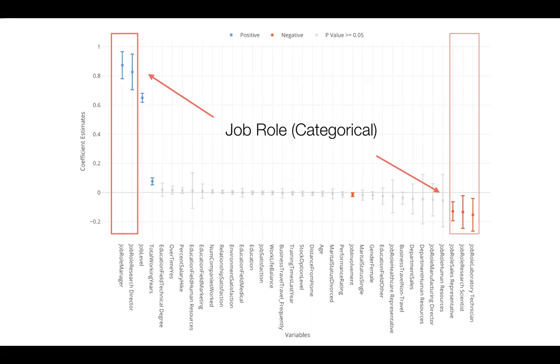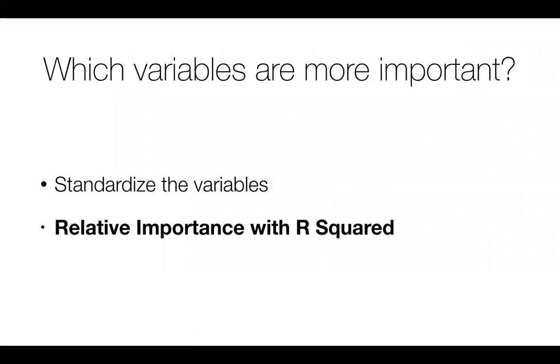Each value of the job role becomes a variable here, through a one-hot encoding kind of transformation that happens behind the scenes as part of this linear regression algorithm. So we don't know if job role is more important than job level just by looking at this. Standardizing numerical variables is much easier if you have only numerical variables as predictors, but the moment categorical variables come in, it gets harder.